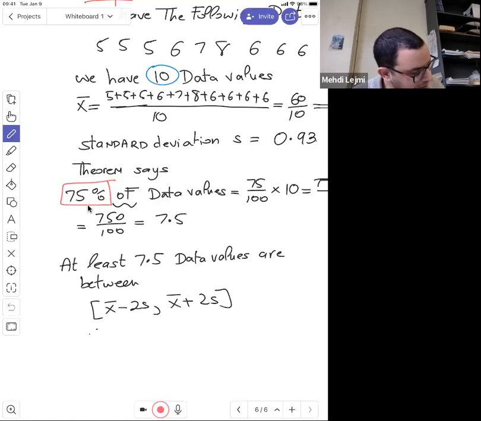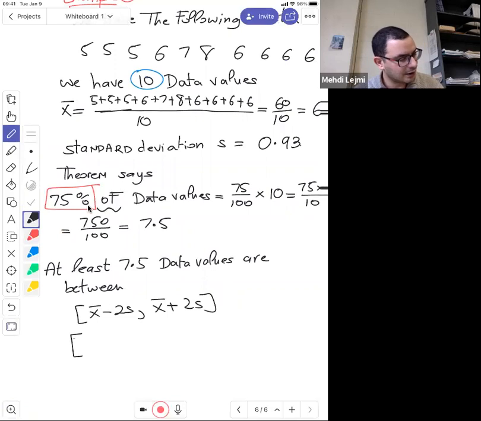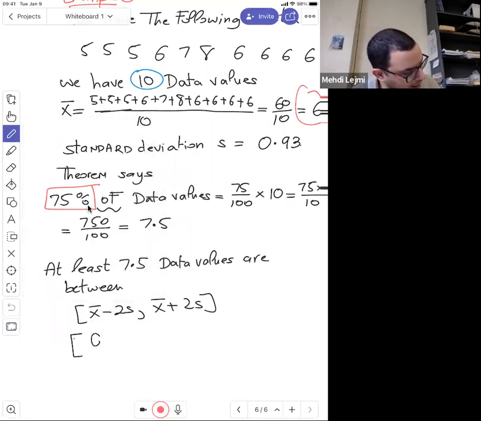In this example, what's x bar? We said the mean is 6. So it's 6 minus 2 times s. S is the standard deviation, 0.93, so it's 2 times 0.93.